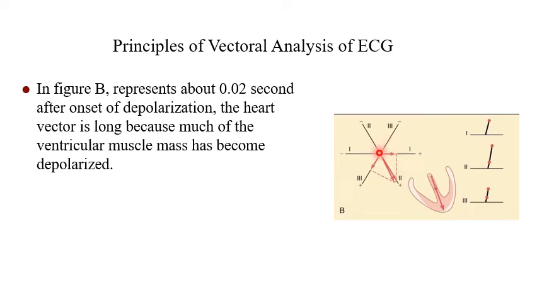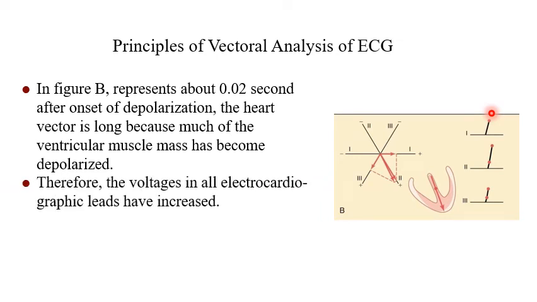So this is the projected vector for lead 1, and this is the projected vector for lead 3. You will notice again that the positive deflection is going to be longer in lead 2 and a little bit shorter in leads 1 and 3. But in all three, we will have a continuation of the positive deflection on the ECG.